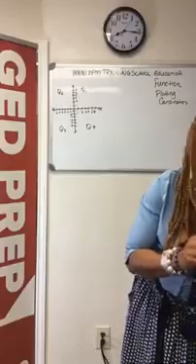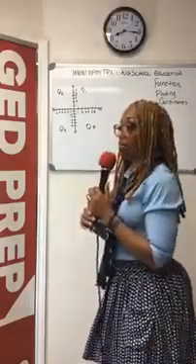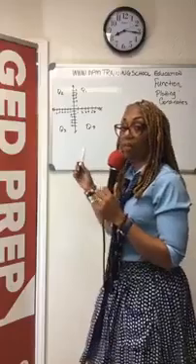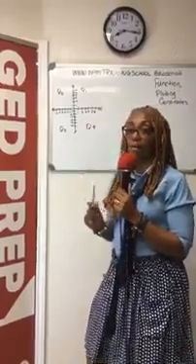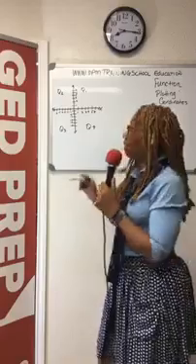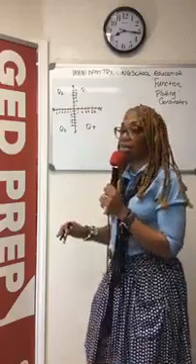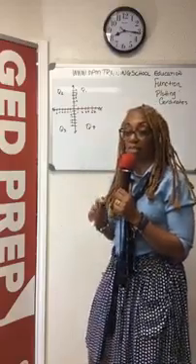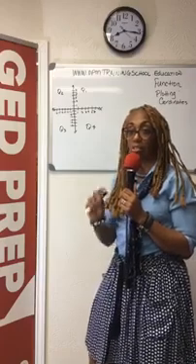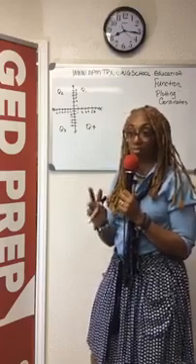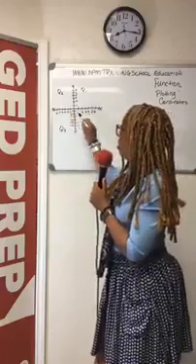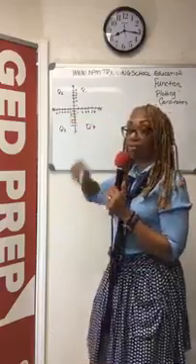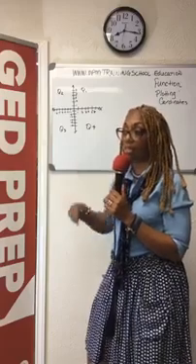Yesterday, as we talked about it, let me just review this real quick, and then we will plot the coordinates. The key thing about a coordinate plane or the grid is that it is divided into 4 sections by 2 lines that cross each other. You have the horizontal line, and then you have the vertical line. The vertical line is up and down.